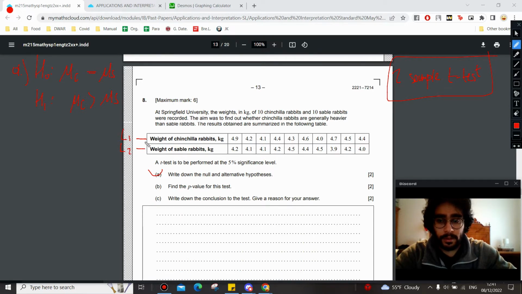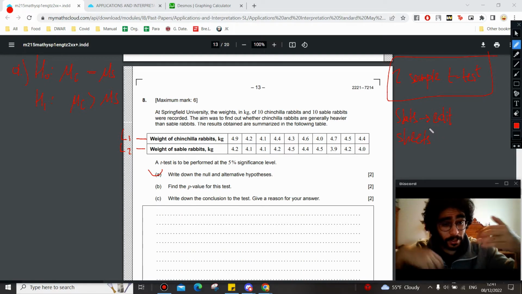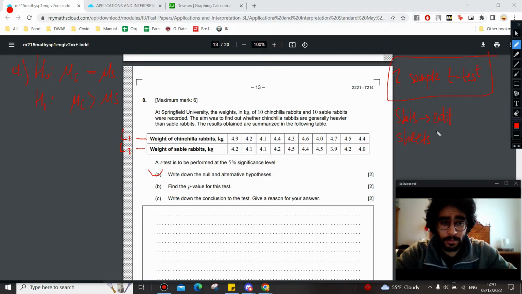So you have to go to stats, edit, or you can have, I think it's called sheets, basically an Excel-looking table. You can use any of them, depending on the version, I'm not quite sure. Basically, you have to note down this information first of all.